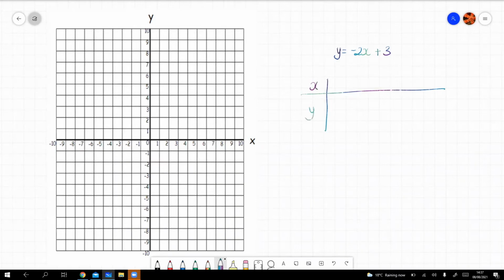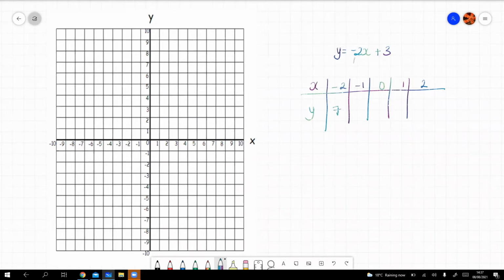When it's a negative, I tend to stick to the positives, but let's do the negatives this time, in case you want to do the negatives. Okay, so to work out y, I've got to times x by minus 2, and then I've got to add 3 to it. Okay, well, my x is minus 2, so I've got to do minus 2 times minus 2, which is positive 4, add 3 to it to get 7.